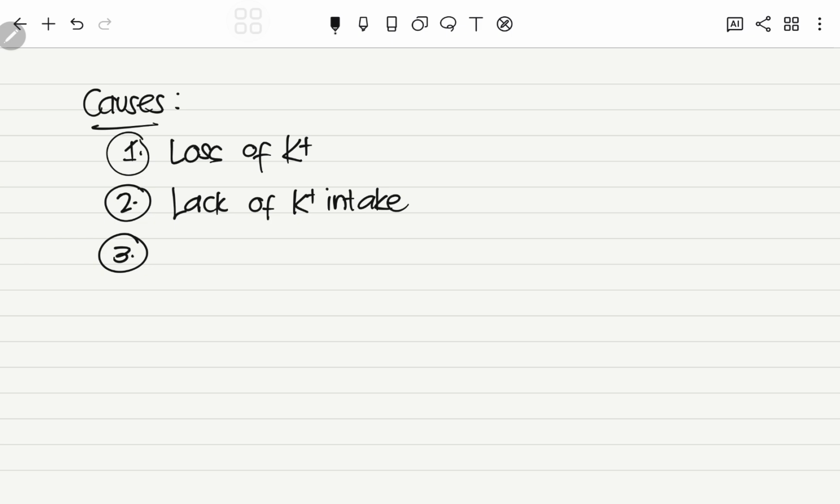So now, another cause is the shifting of potassium from your ECF, which includes your blood vessel. Alam natin, sinabi natin kanina, kapag sinabi po natin extracellular space, all of those spaces outside the cell. So, ang bloodstream or blood vessel, that's outside the cell. So, ngayon, ang nangyayari dito sa number 3 is nagkaroon ng shifting.